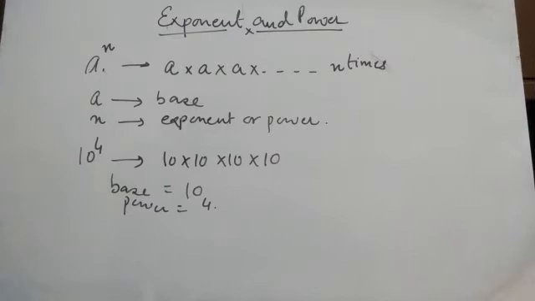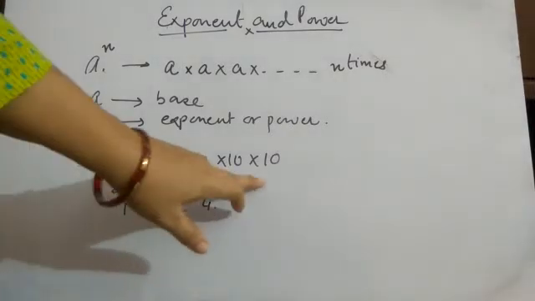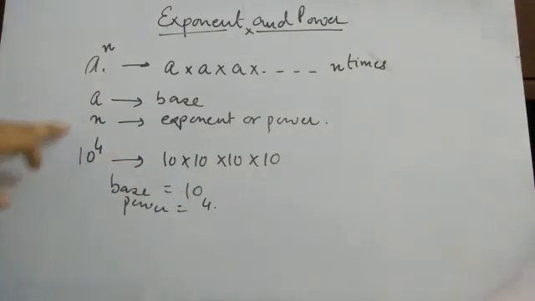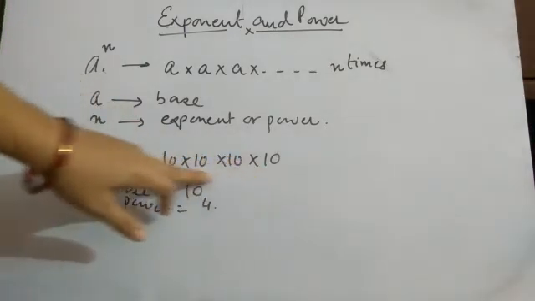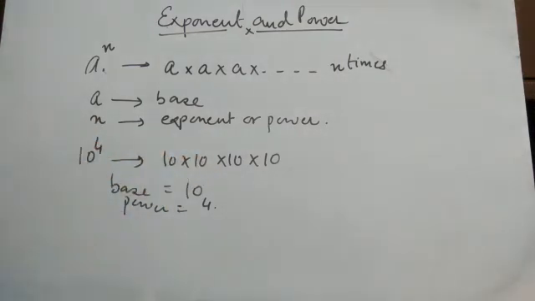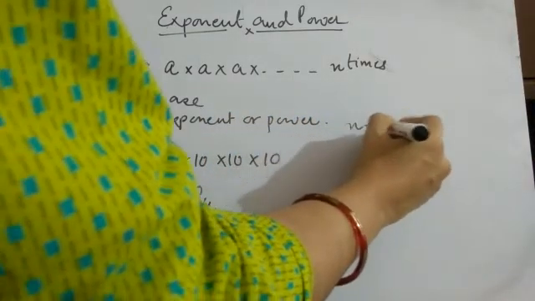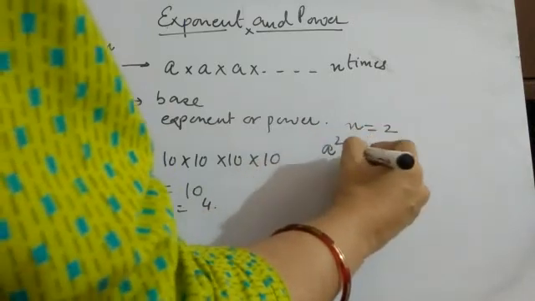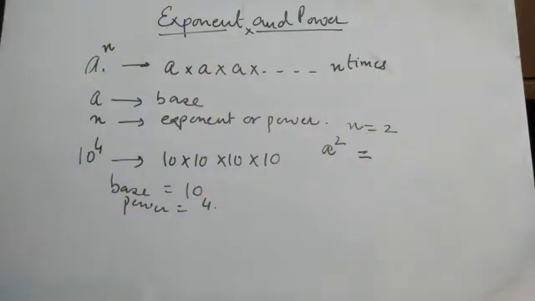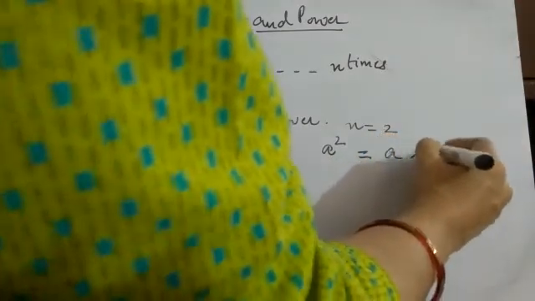We may also say that if this is written 10 into 10 into 10 into 10, then 10 to the power 4 is the exponential form of this. Now if n becomes 2, this will be written as a to the power 2. This is called a square.